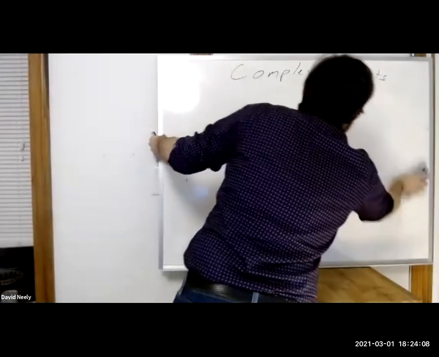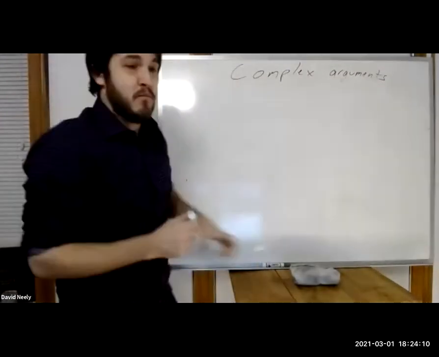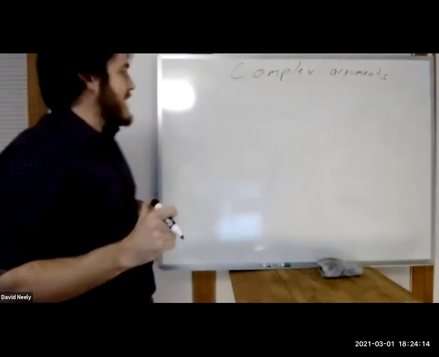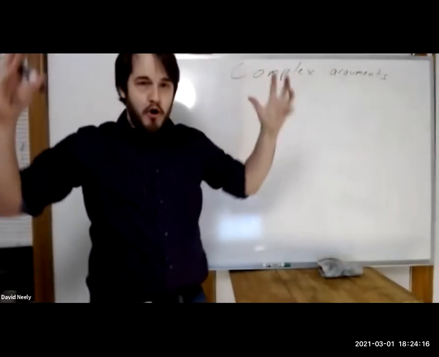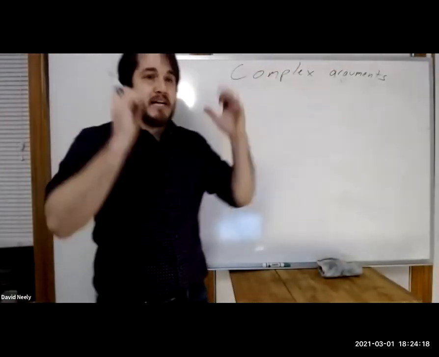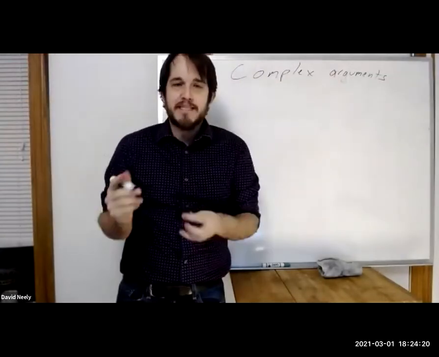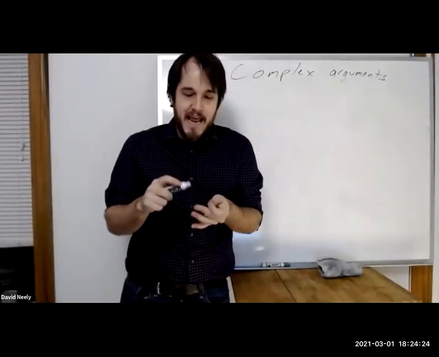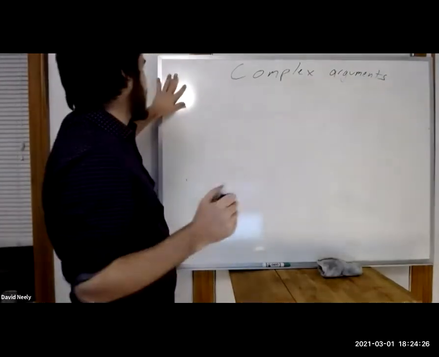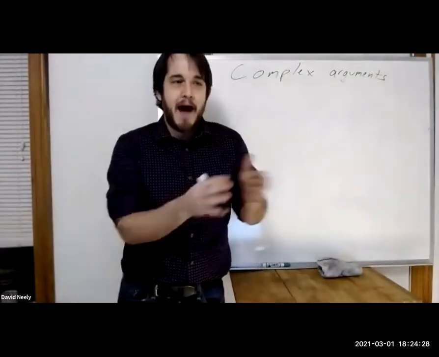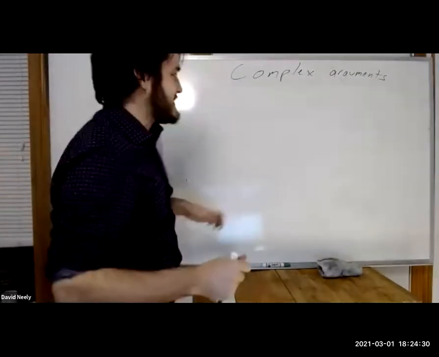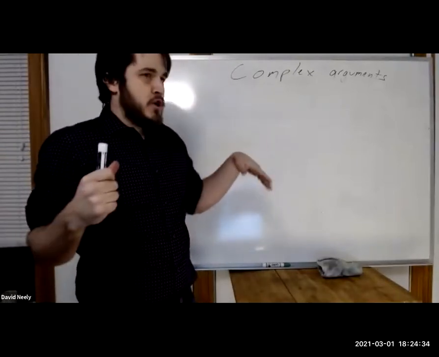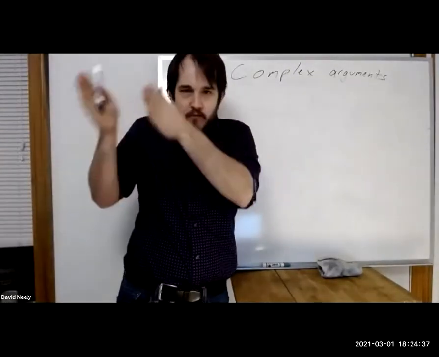Now, what I want to talk about now is the fact that with complex arguments, the way to think of it is you cannot think about the whole argument as having a certain general structure. You instead have to think about how things relate to each other. So in the same way that if you're imagining a line of people and how they're standing next to each other, you have to say how each person relates to the next one.